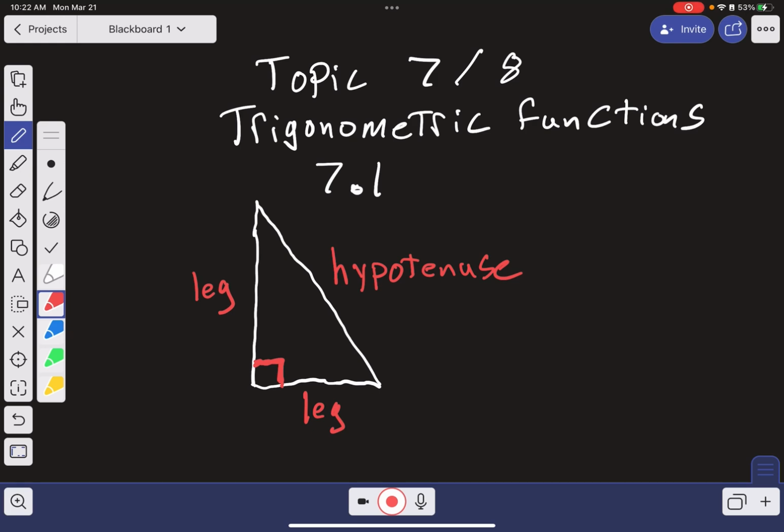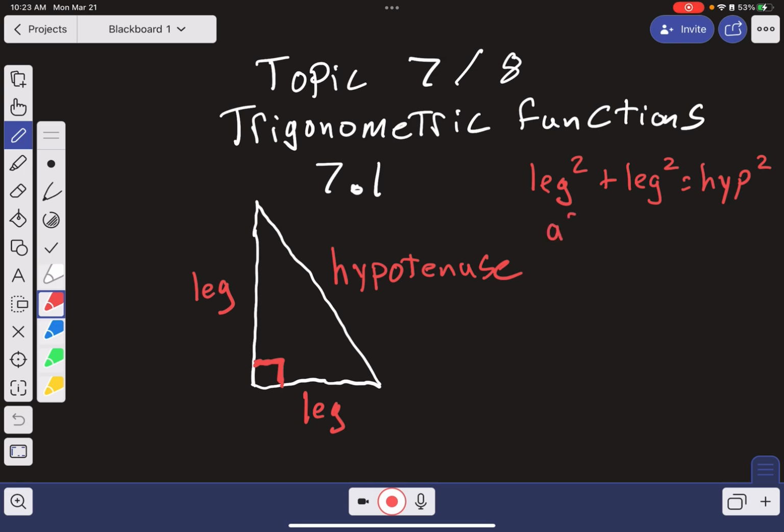Now, if you remember the Pythagorean Theorem, it helped you find missing sides of a right triangle. And we're going to use this a little bit, but the Pythagorean Theorem essentially says that a leg squared plus a leg squared has to equal the hypotenuse squared. That's not how you hear it.